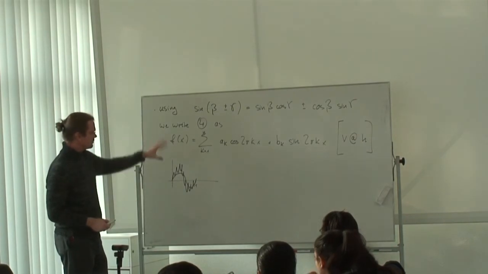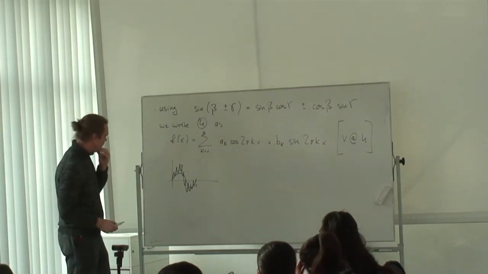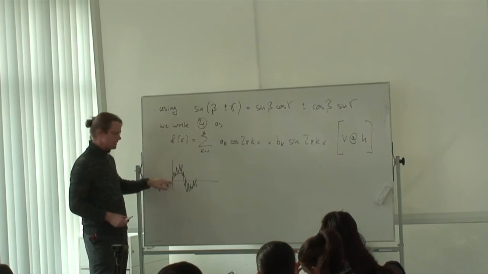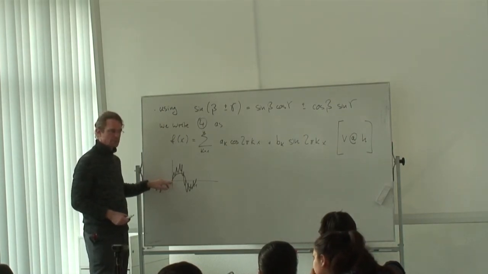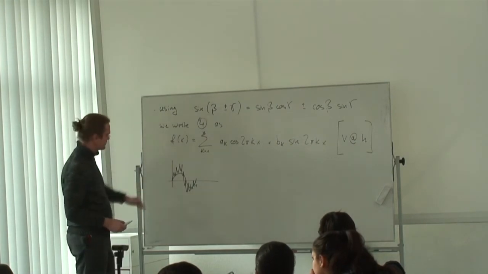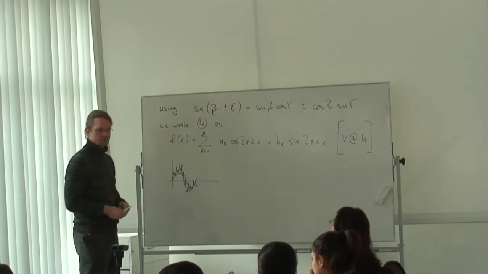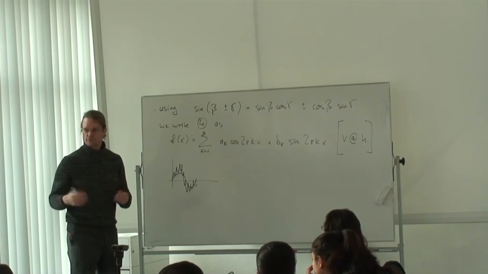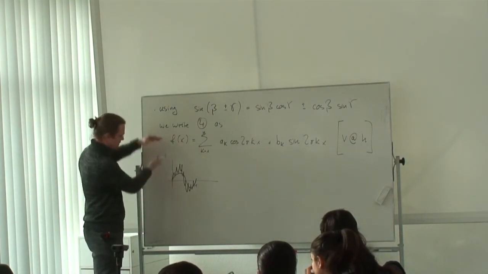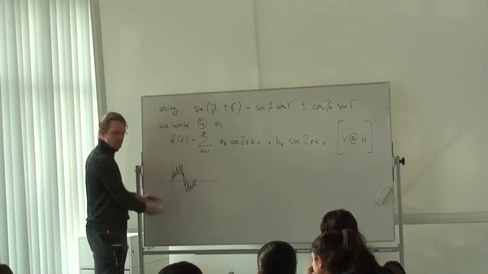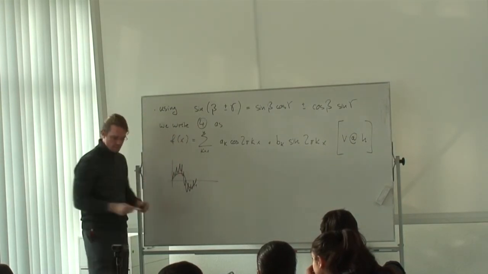But so far, all of this will basically start at zero. There's no offset yet. To be more general, we could require that we want these periodic functions also to be located somewhere higher up or lower down with respect to the x-axis.